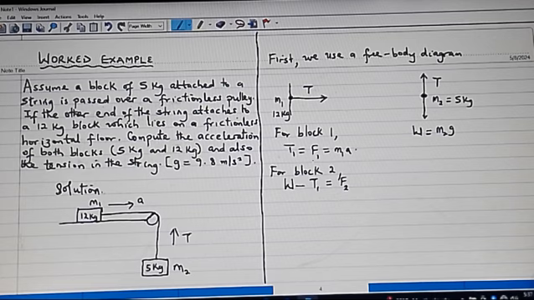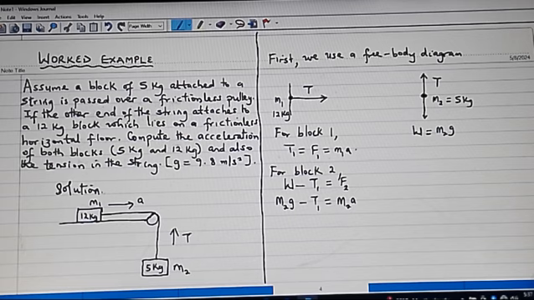So now what is our weight? Our weight is the mass of this M2, that's the second block, times G. So we say M2G minus T1 is equal to M2A. Why is it M2A? Ordinarily, force is mass times acceleration.